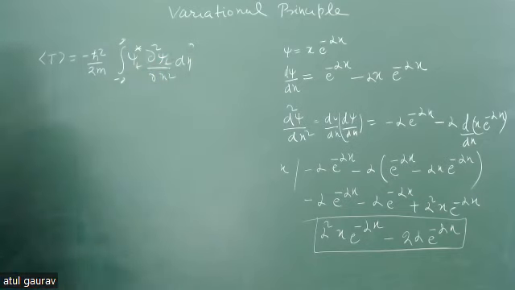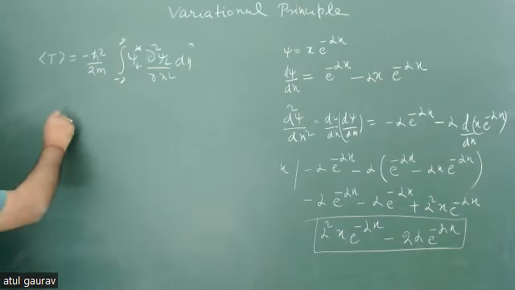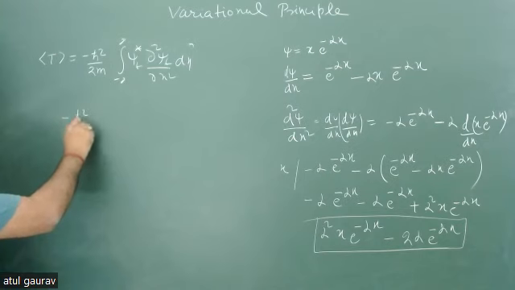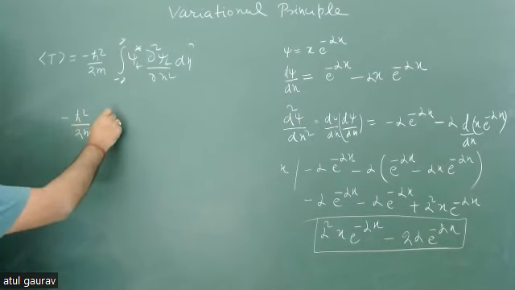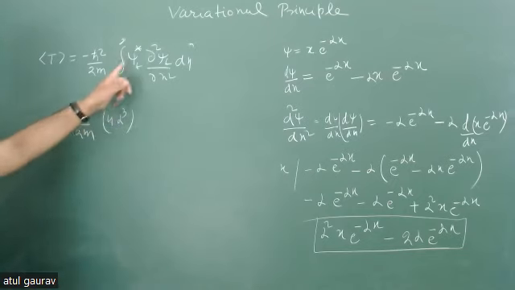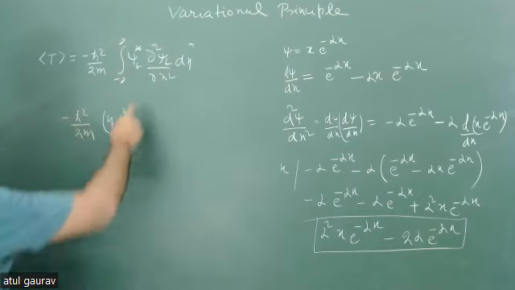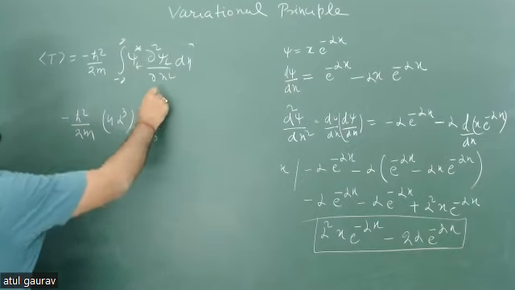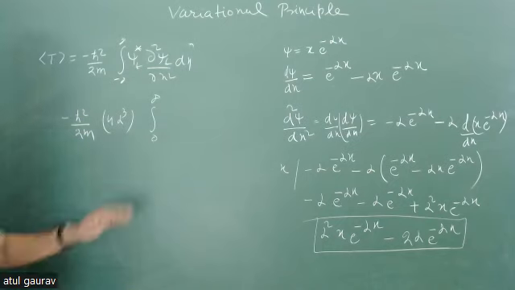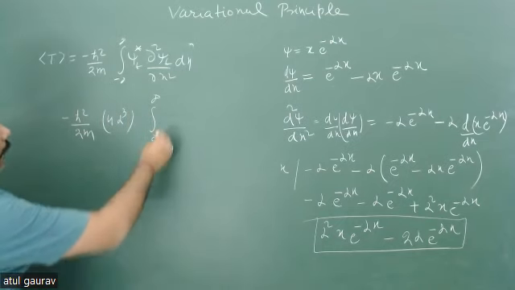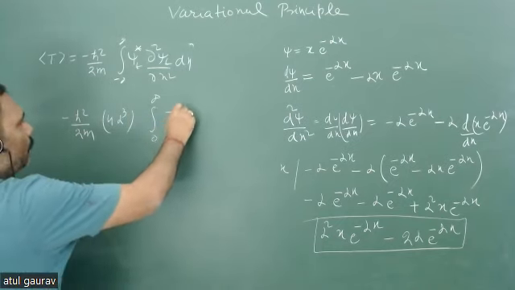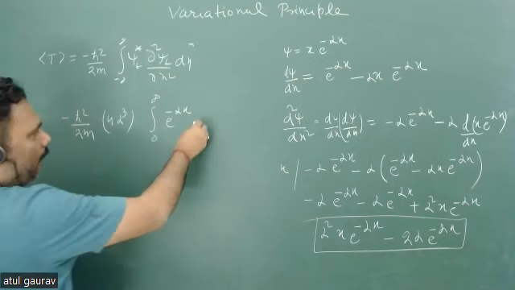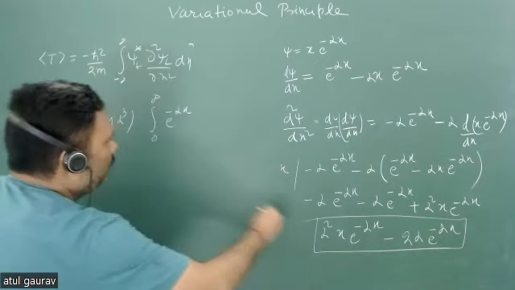We have calculated this particular thing ourselves, and we can put in this value. So minus h cut square upon 2m, and here we have 4 alpha cube due to normalization, and from there the half will be gone, and we have basically 0 to infinity, because my wave function is from 0 to infinity, and this value is e to the power minus alpha x, and this thing we can write from here.